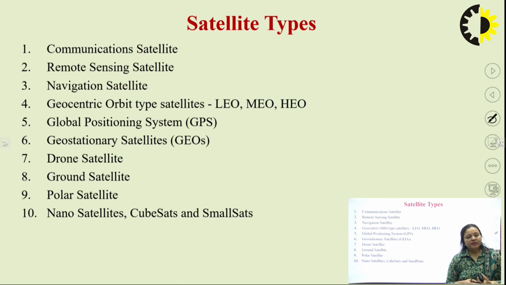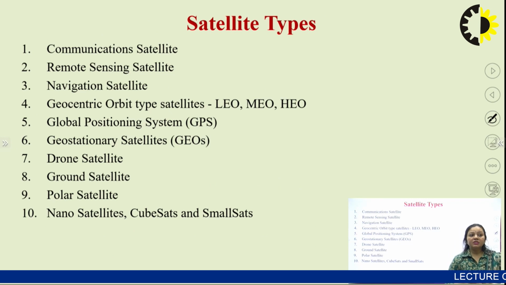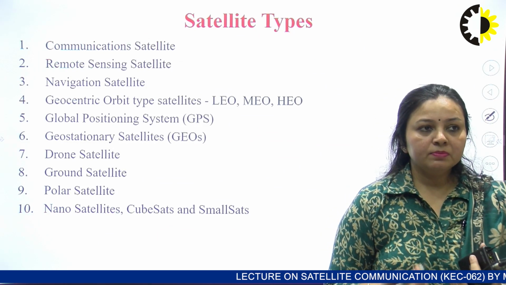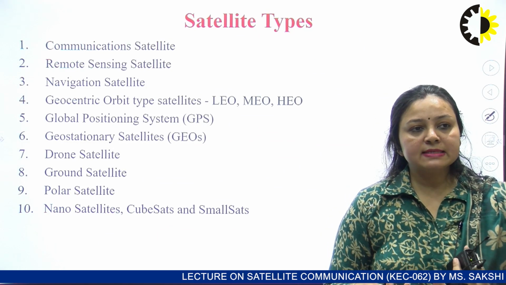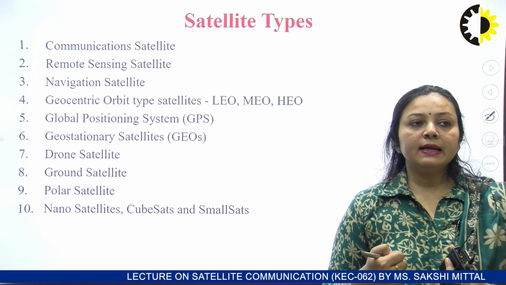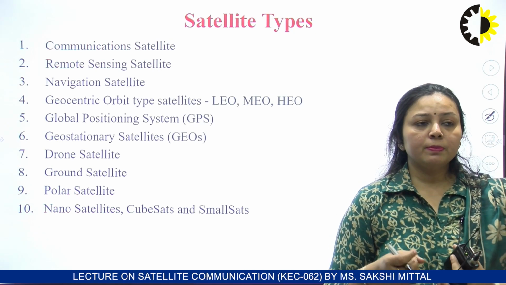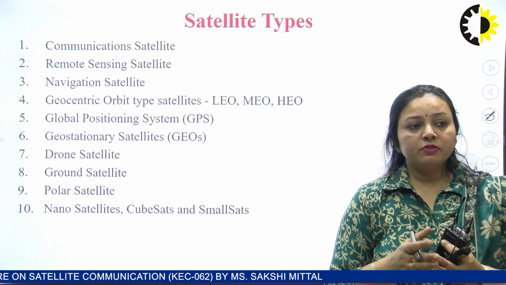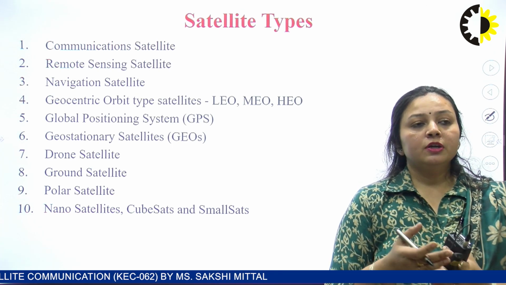So lastly, we can classify them as per their application. We can have a communication satellite, which is used for communication, for voice, video, data. Then we can have remote sensing satellites, which you can use for surveillance. You can have a navigation satellite if you have some unknown object you want to locate.